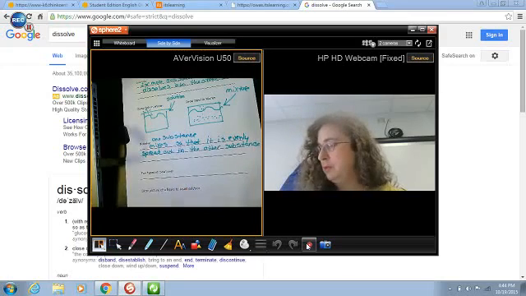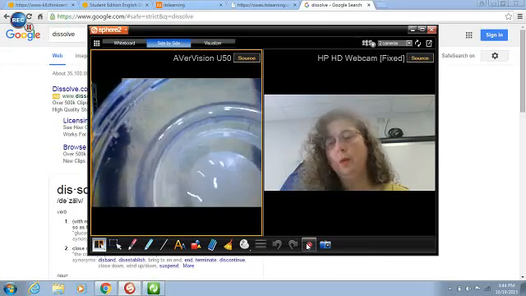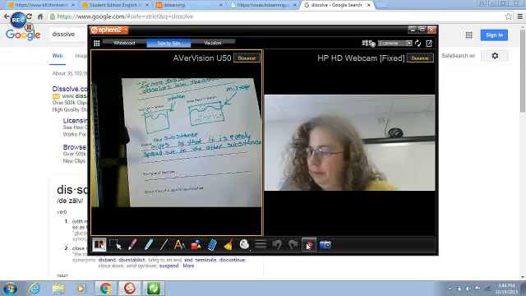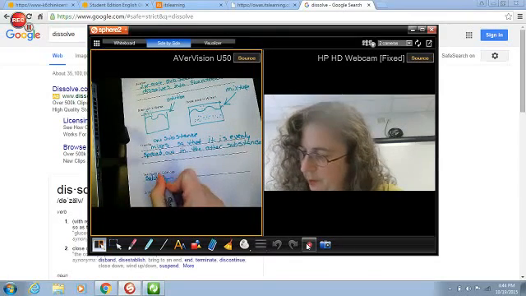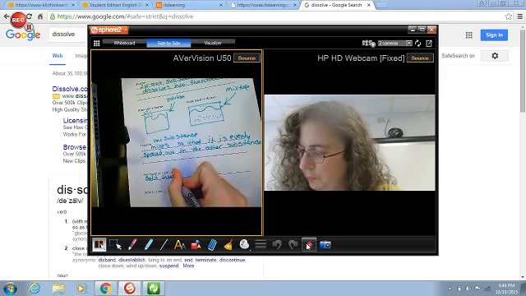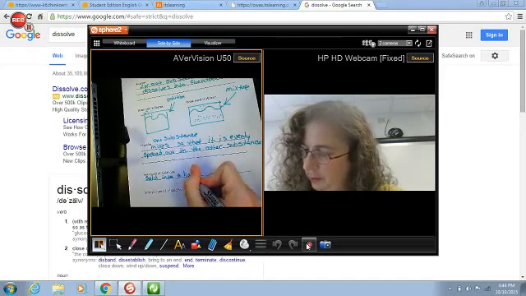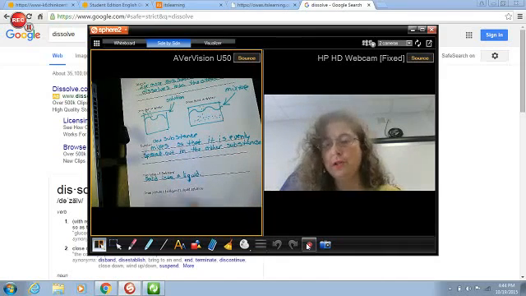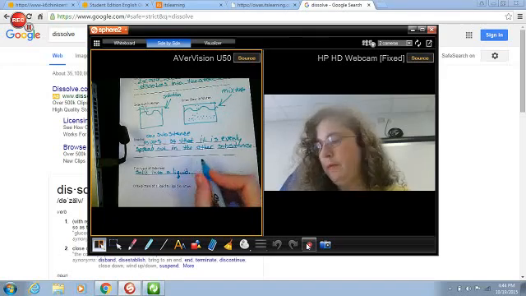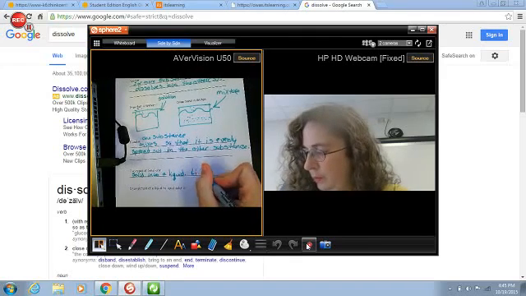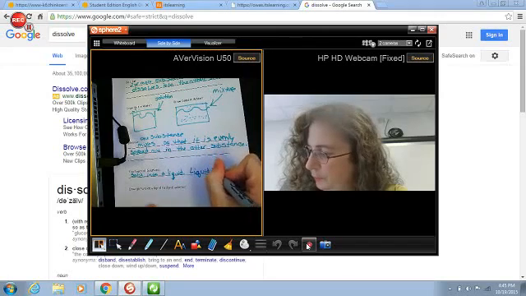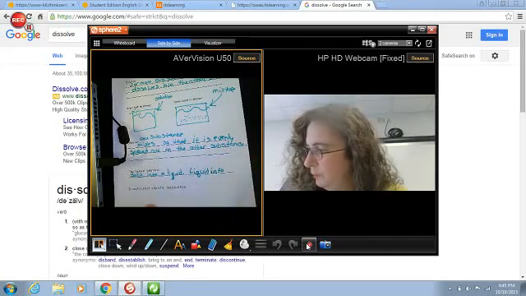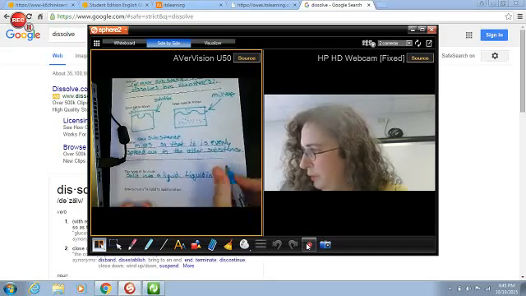Okay, so there are basically two types of solutions. We've seen one right here, which is a solid into a liquid. Okay, so we have a solid into a liquid. Okay, and then our other solution is where we have a liquid into a liquid.